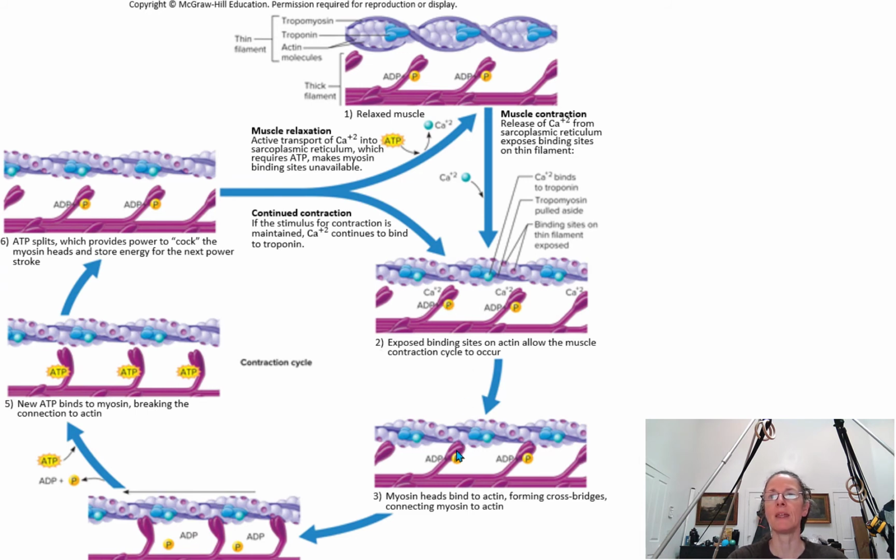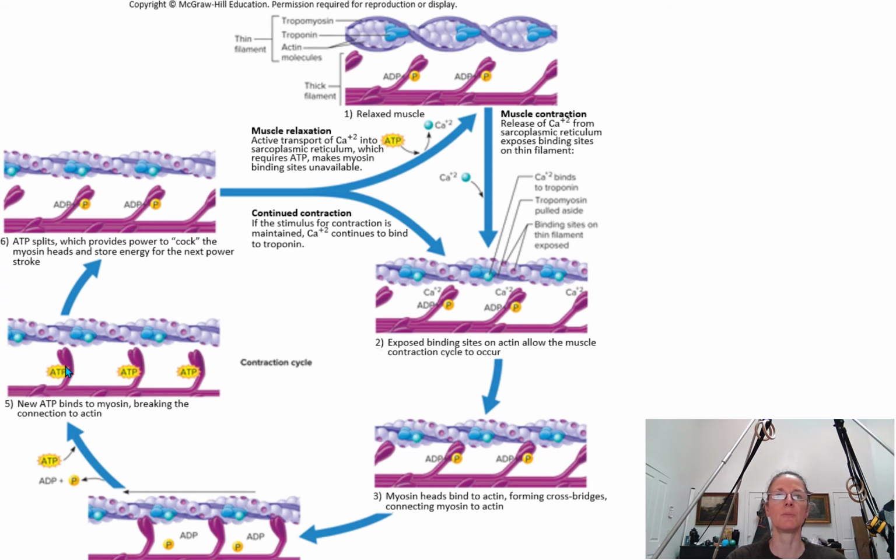Once they have made the cross bridge with the actin, now they have to pivot. And to do that, they have to drop the ADP and phosphate. So when they pivot, they drop the ADP and phosphate. But now they're actually stuck to the active sites, and they can't let go until ATP binds with them. So adenosine triphosphate must bind with the myosin heads in order to get them to let go of the active sites.